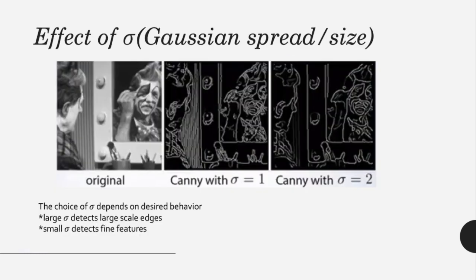By varying sigma in the gradient computation, or the size of the Gaussian smoothing, or the size of the derivative of Gaussian filters, we can detect edges at different scales. A large sigma detects large-scale edges, and a small sigma detects fine features in images. In this example, you can see that increasing sigma from 1 to 2 removes all vertical lines originating from stripes on the rows.